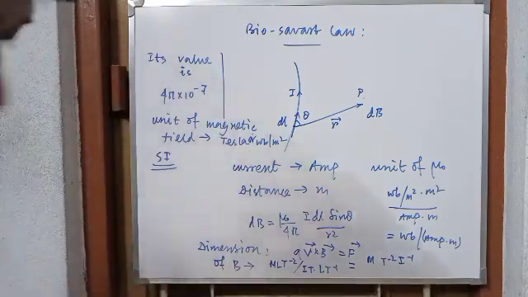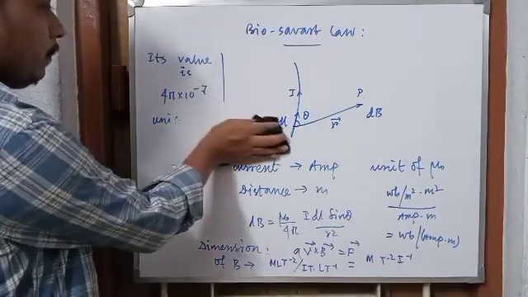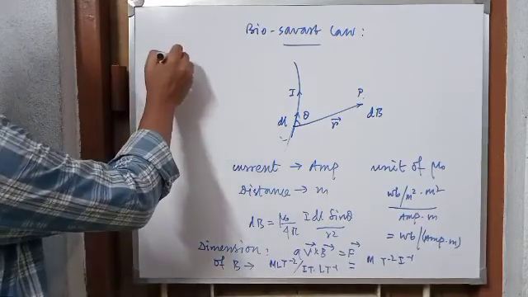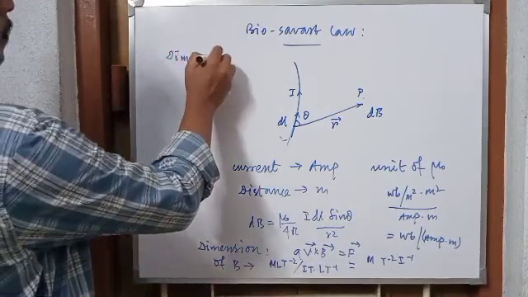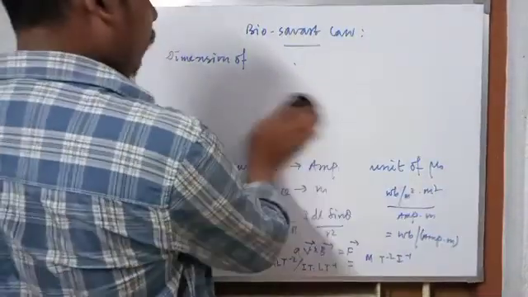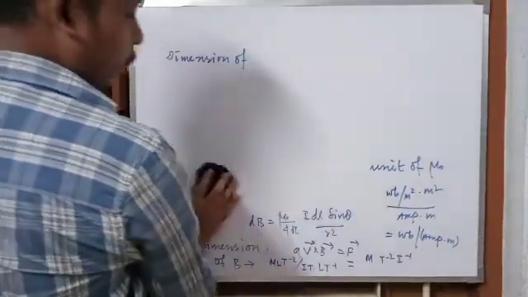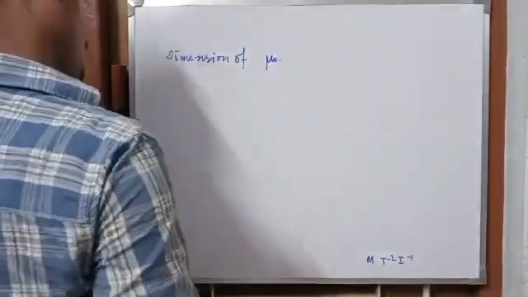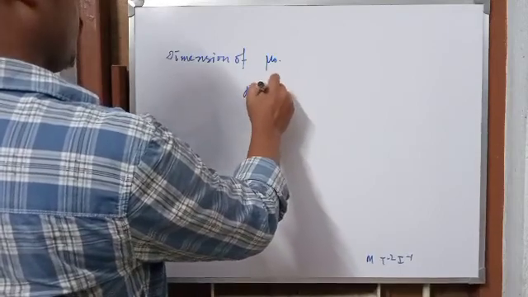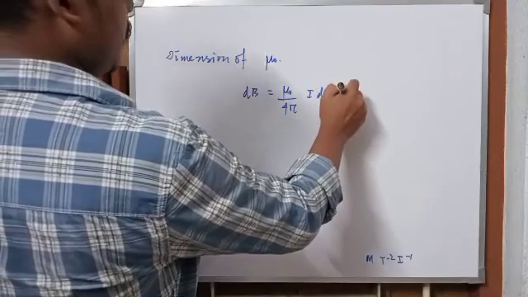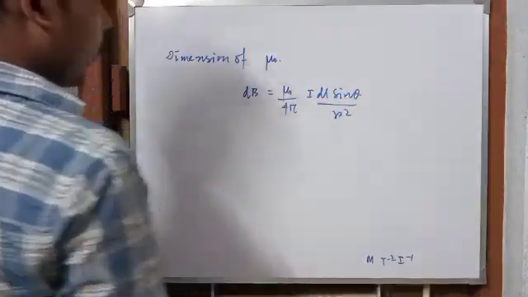Now the dimension of mu naught. We found that dB is equal to mu naught by 4 pi I dl sin theta by r square.